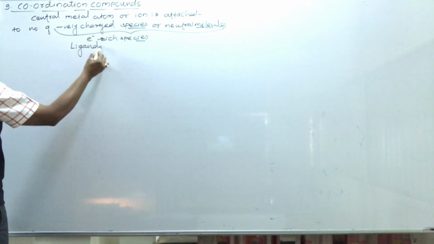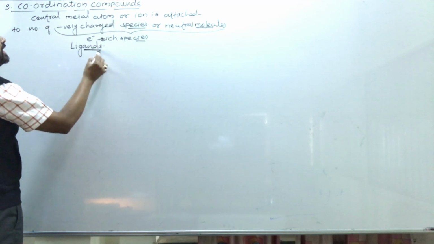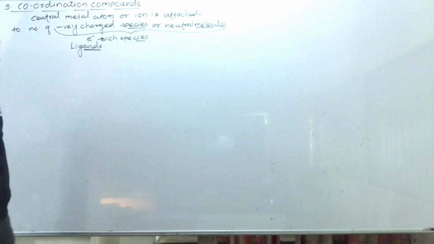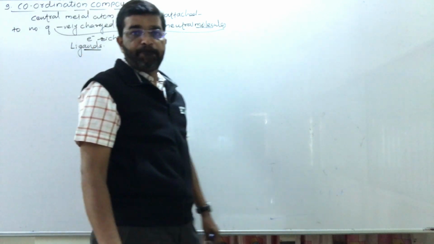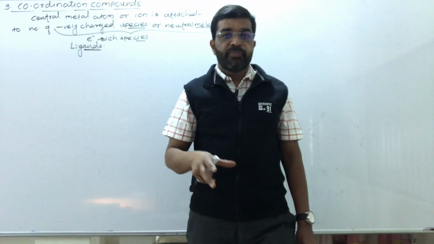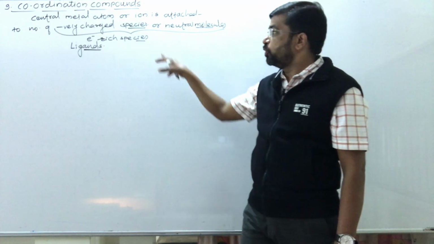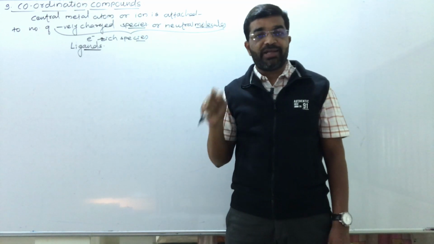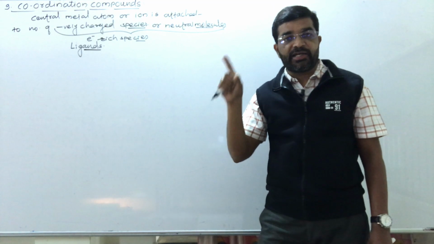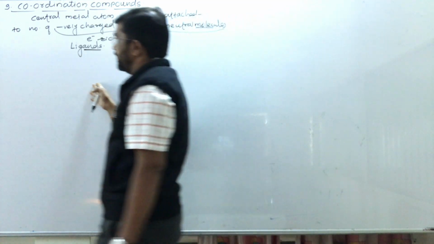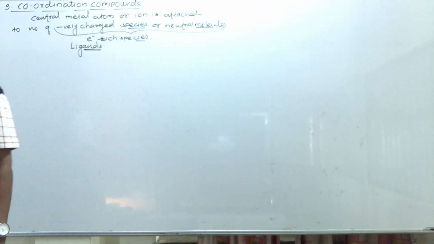They are known as the ligands. So the central metal atom is attached to this number of ligands which donate the electron pair to that central metal atom or ion.